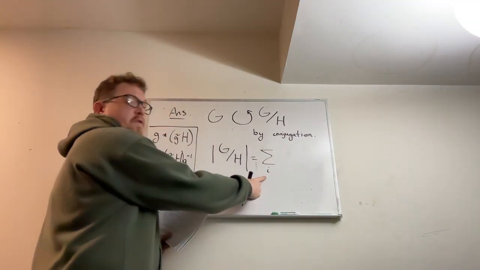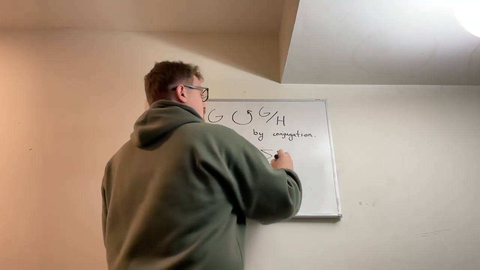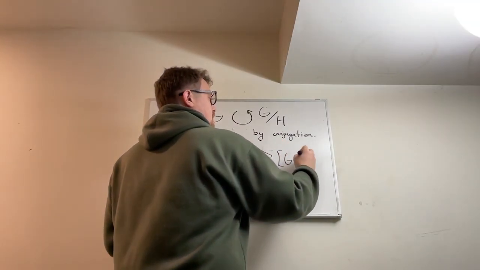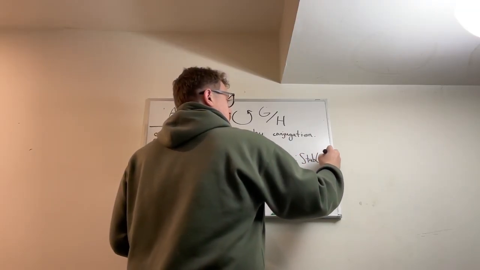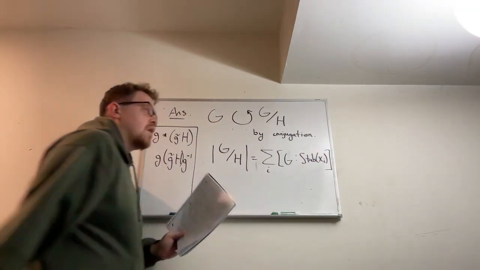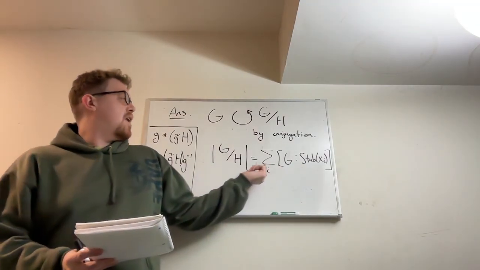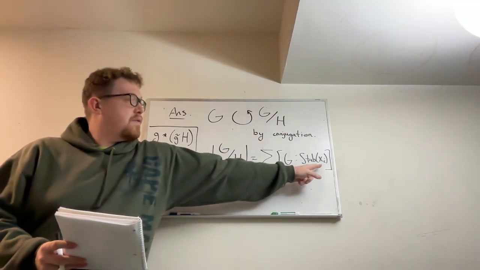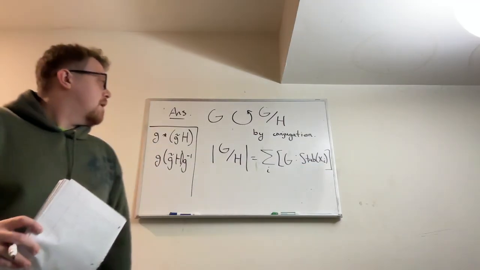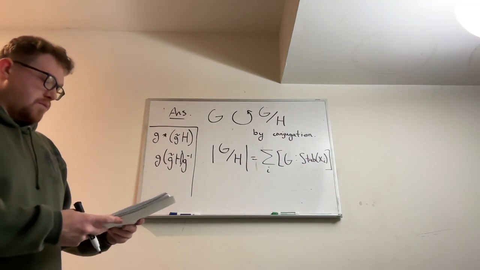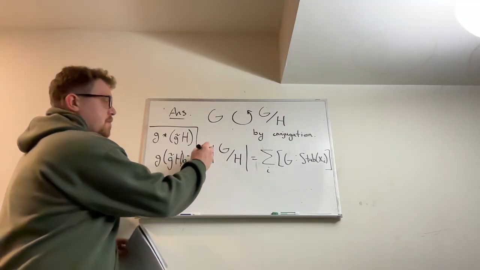So we sum over every representative of the orbits, and we sum over the indices in G of the stabilizer of that element, which is a subgroup of G. So this has some index in G, and we sum over all of the representatives, one from each of the orbits. And this is equal to p, which is a prime number.